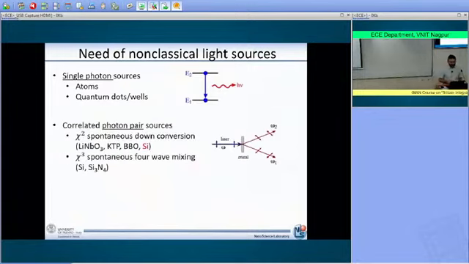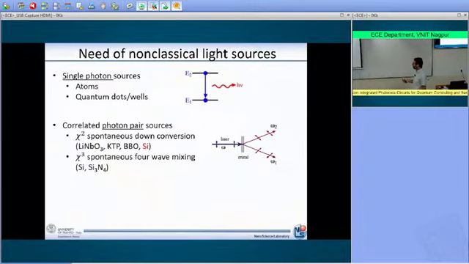Another way to generate a single photon is to exploit some spontaneous properties of materials, by which we can get spontaneously, meaning not triggered by any external means, the annihilation of two photons or the annihilation of three photons in order to generate correlated photon pair sources.